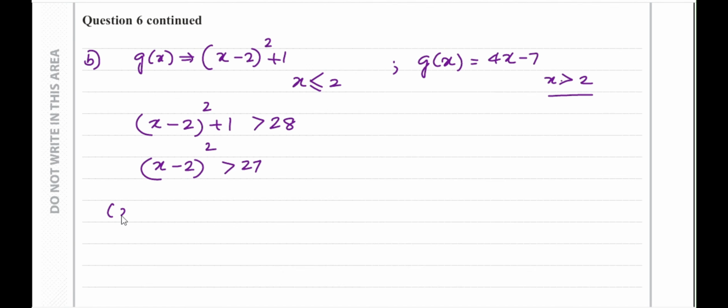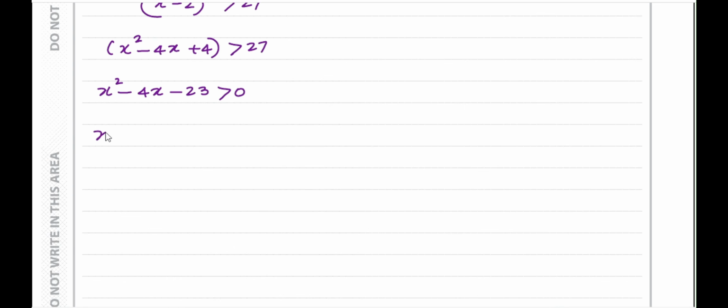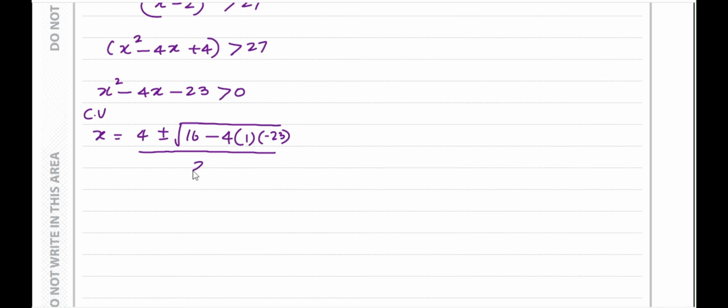Expanding this, we get x squared minus 4x plus 4 is greater than 27, leading to x squared minus 4x minus 23 is greater than 0. This will not factorize easily, so let's use our quadratic formula. Therefore, the critical value of x will be equal to minus b, that is plus 4, plus or minus the square root of b squared, that is 16, minus 4 times 1 times minus 23, all over 2.